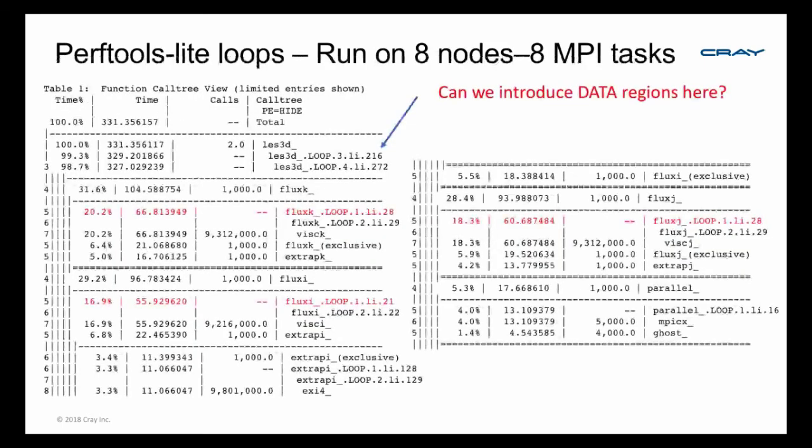Okay, so where do we want to introduce the data region? We go back to the call tree, and we say, hey, if we can introduce the data region outside the timestep loop, that's going to really reduce the amount of data transfer that we need to do.